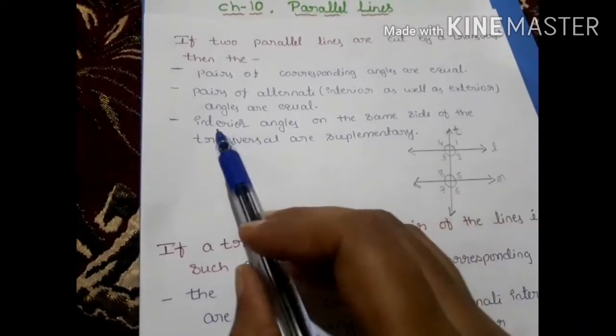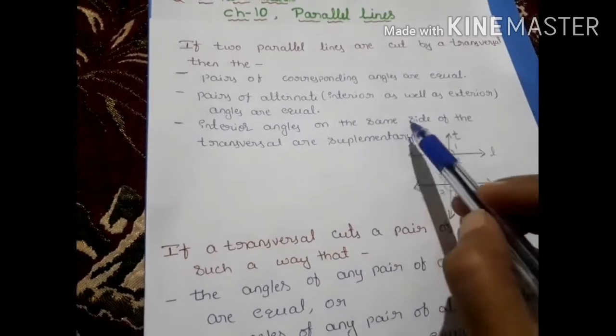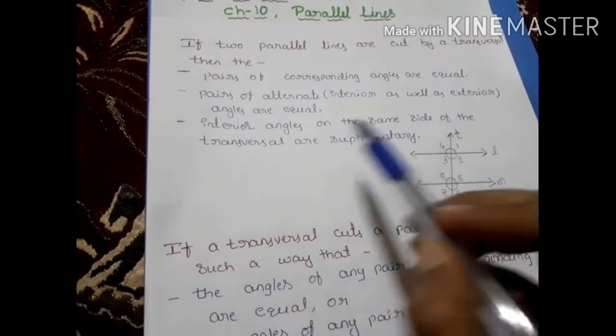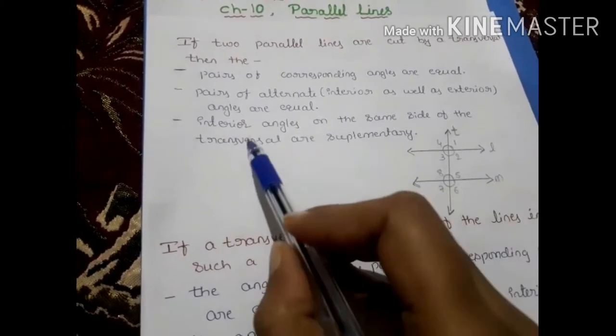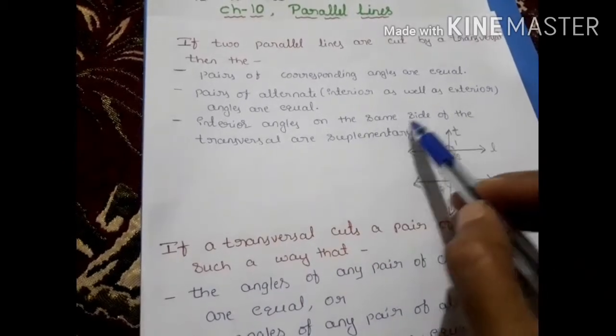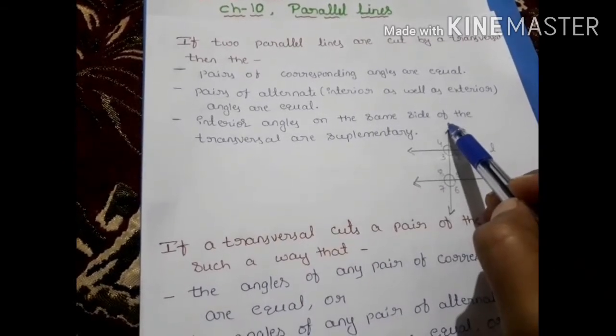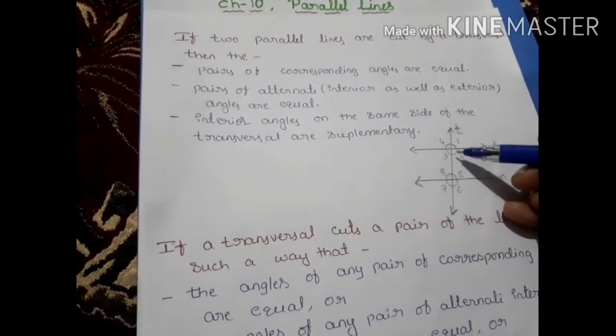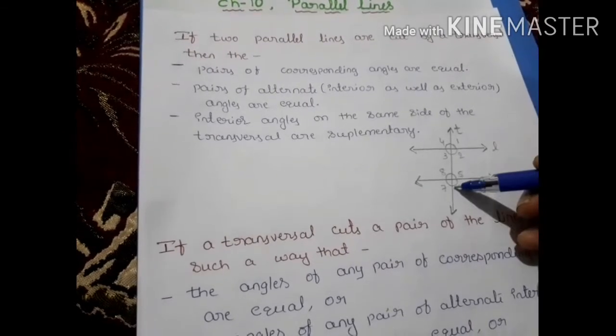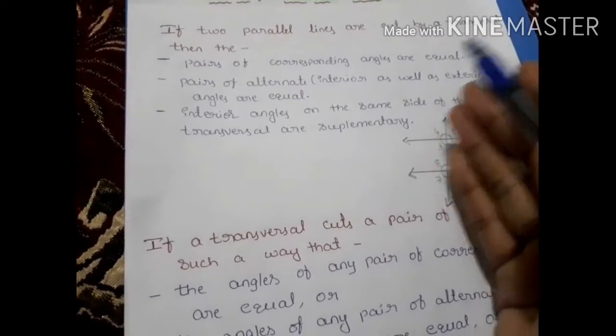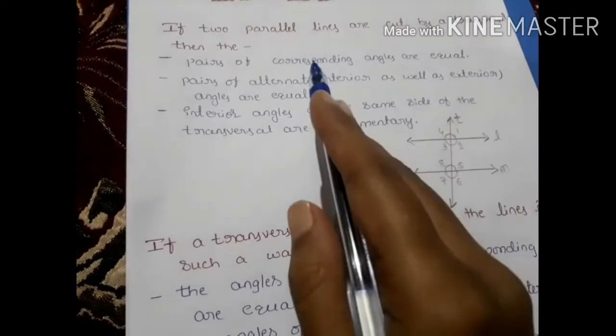Then the third condition: interior angles on the same side of the transversal are supplementary. Same side means it should be the left side or the right side.